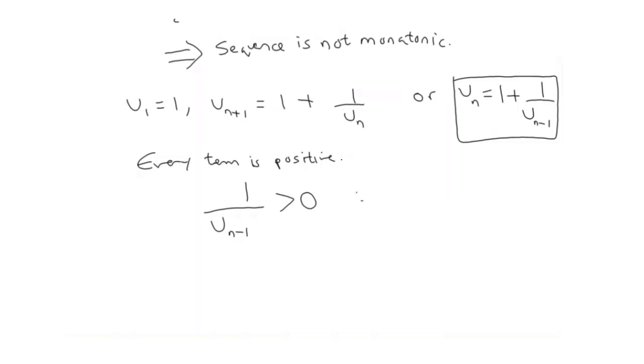So that means that 1 plus 1 over U(n-1) will always be greater than 1. So that can be our lower bound. Lower bound can be 1. I say can be 1, the sequence won't actually be 1, but it could be its lower bound. Now we need to consider an upper bound.